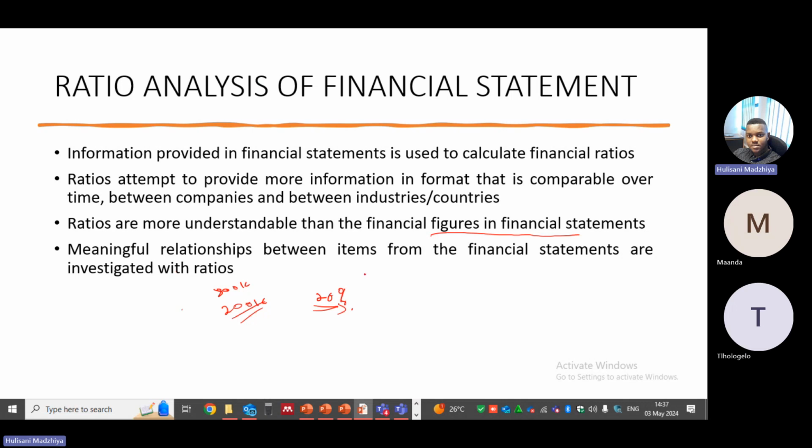And there are meaningful relationships between items from financial statements, which are only investigated through ratios. So we get to assess how much our expenses contributed towards revenue generation, which we do by saying operating expense over sales. This will give us a percentage: from the total sales of 800,000, if our expenses are 200,000, therefore 23 or 24% of our revenue is explained by our expenses.